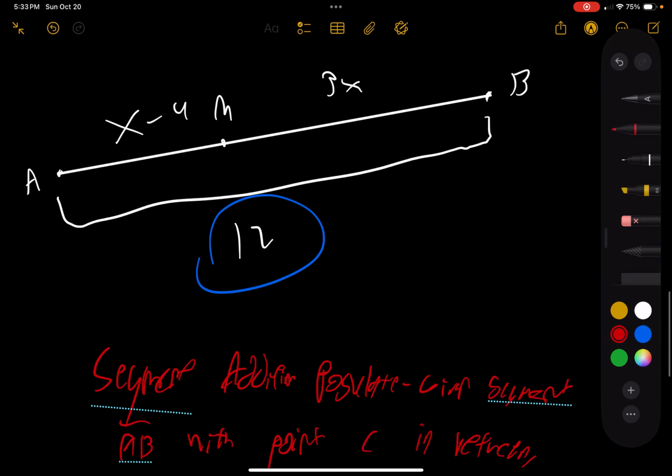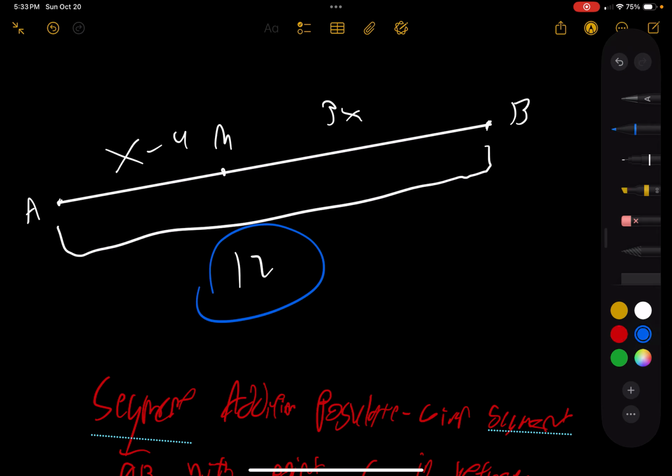In this case, it would say AM plus MB equals AB. So the segment addition postulate says you're given a segment, there's a point in between, and the two endpoints are A and B. If the point in between is point C, then AC plus CB equals AB.